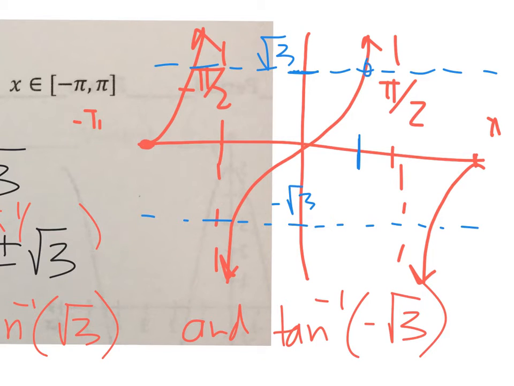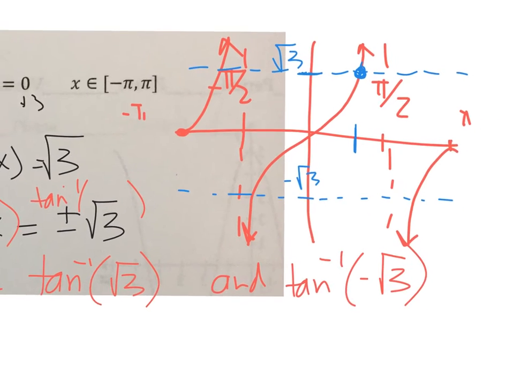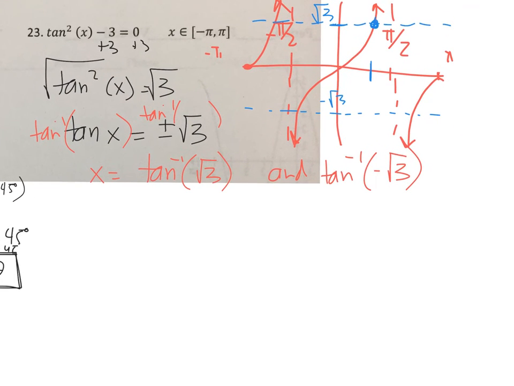Okay, so this part comes from your unit circle. And tangent is root 3 at the angle of, let's see, probably pi over 3. At pi over 3, yep, the tangent is root 3.